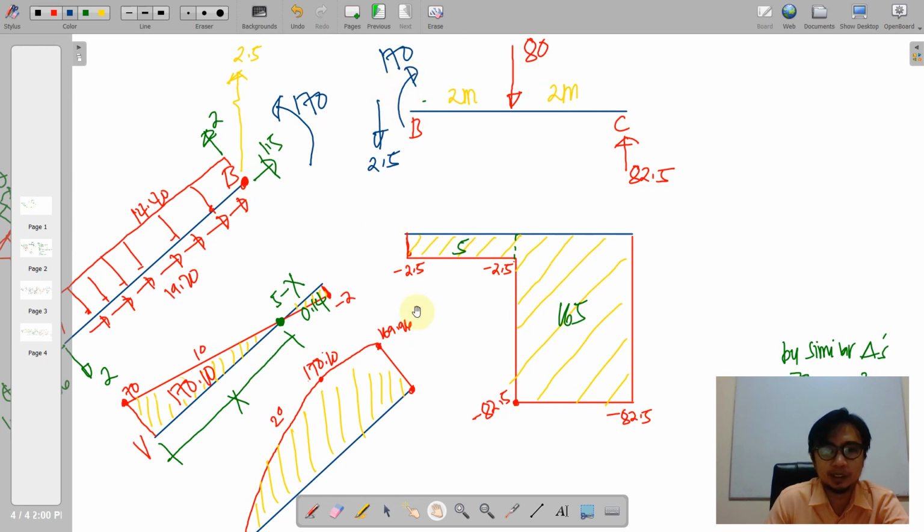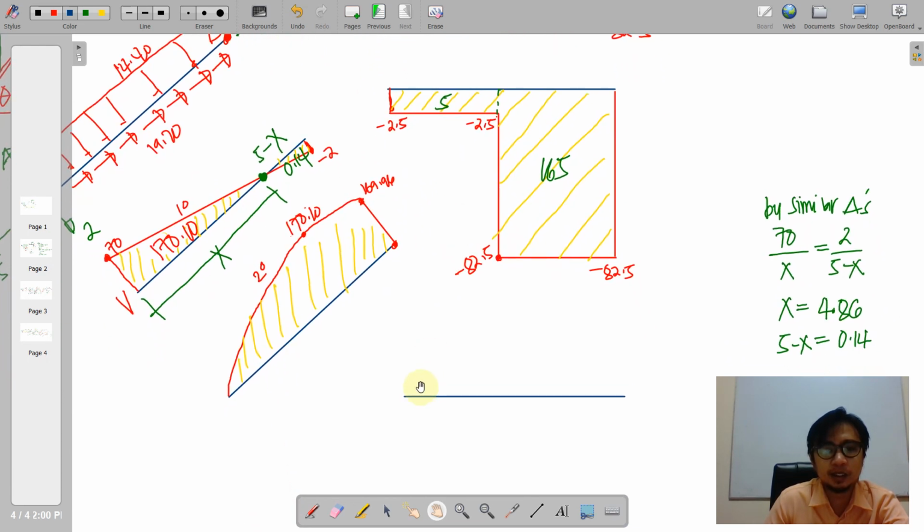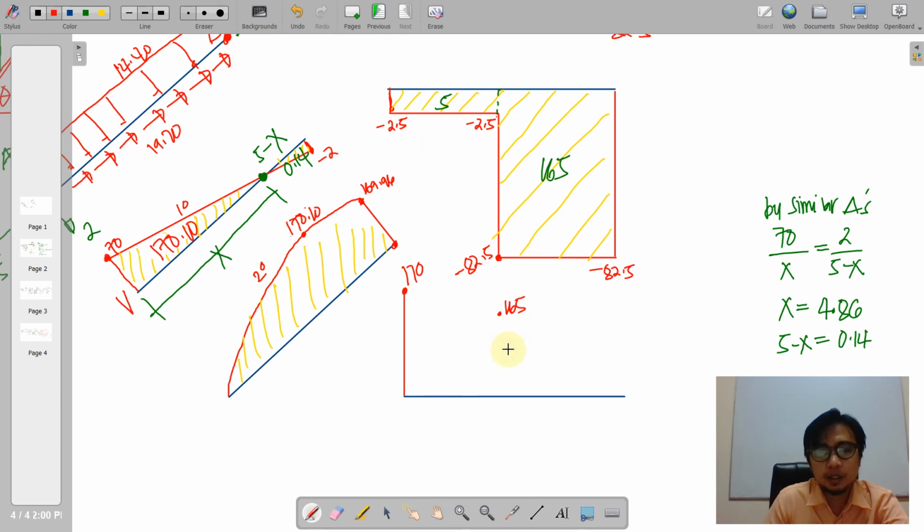That is positive 170 starting at joint B. So here it is, and connected by a straight line, we deduct the area 5 here. That is obviously 165. And then 165 less this negative area here will become 0. So our connector is just a straight line for this member. So we have now the complete shear and moment diagram.